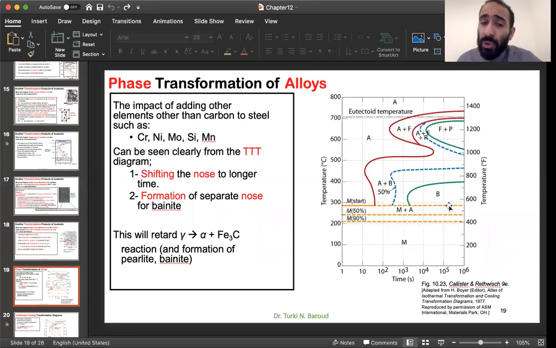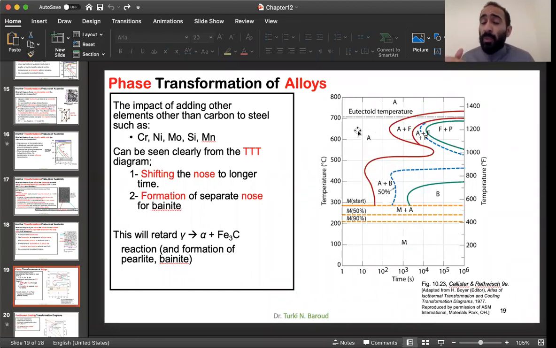Difference number two, you notice that we have some shifting of the transformation to a longer period compared with an alloy that does not have these additional elements.